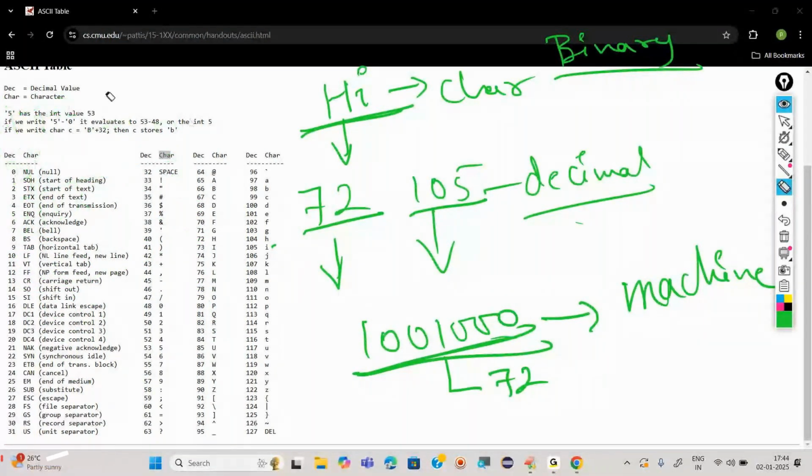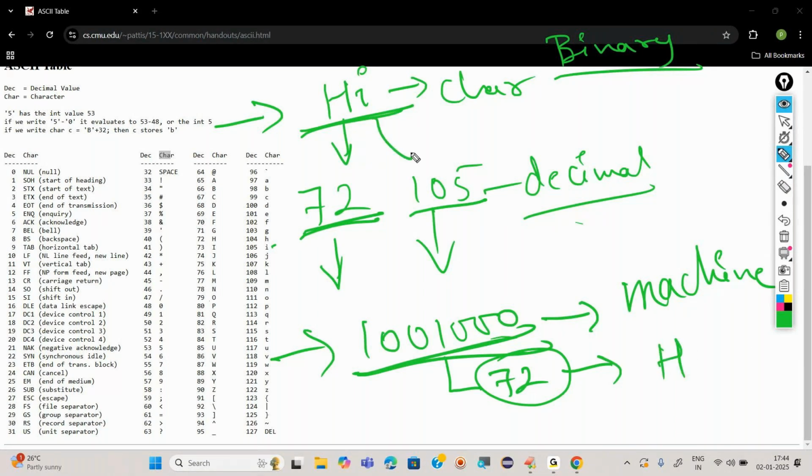Basically I'm trying to explain how it is converting this hi into a decimal value and this decimal to a binary value. Again what it will do, it will convert this into a decimal value, and again this decimal value will be converted into h. And same for i as well, because this i is 105.